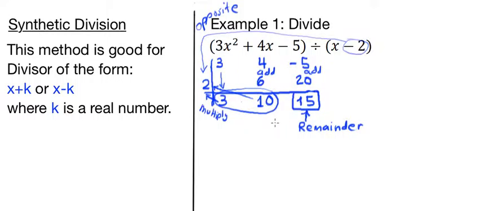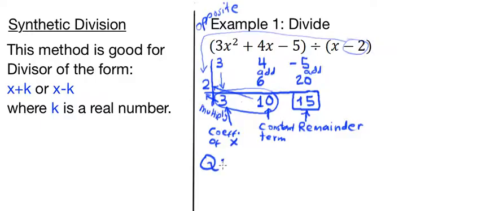These two numbers over here will determine the quotient. How? This first number, 10, is going to be the constant term. This other number, 3, is going to be the coefficient of x. If you have more numbers, the next should be the coefficient of x squared and so on. So what's going to be the answer then for this division?